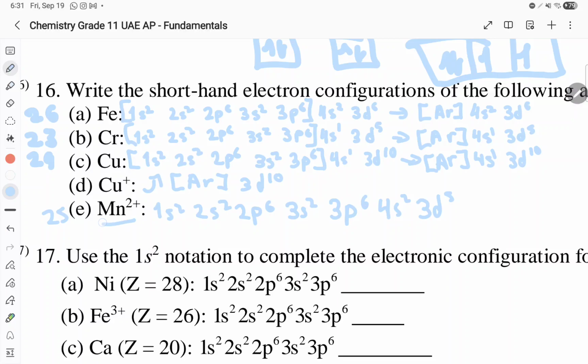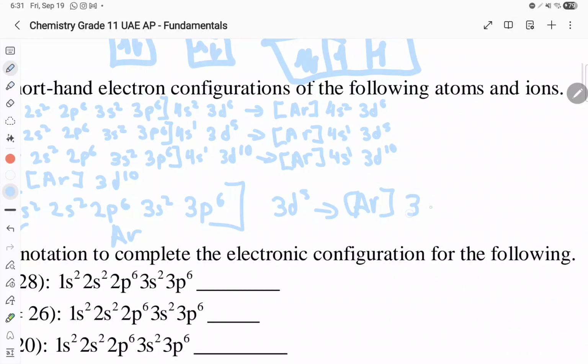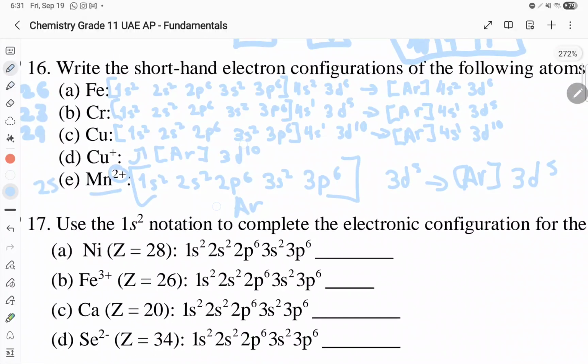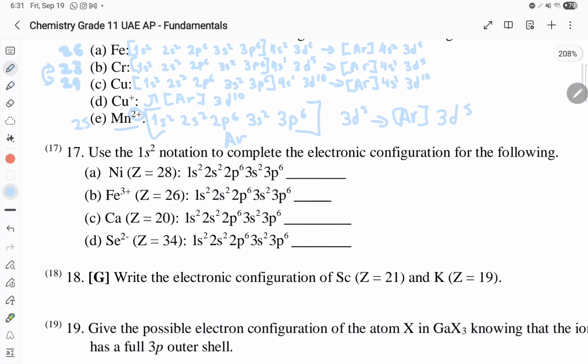Now Mn is 2 plus. Again, you look for its highest coefficient, which is 4. You take away 2 from it because it's 2 plus. And then you group all of this up as argon, and 3d5 you add it. So it is argon 3d5.